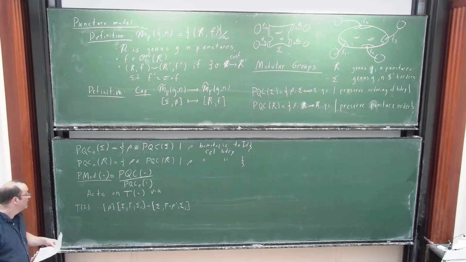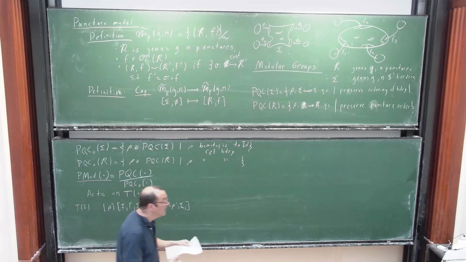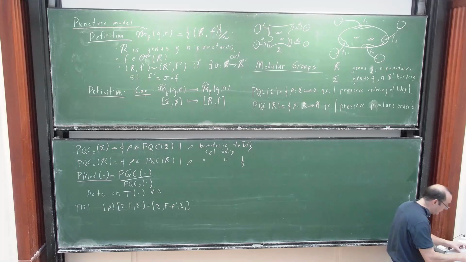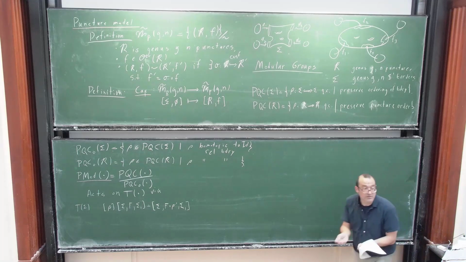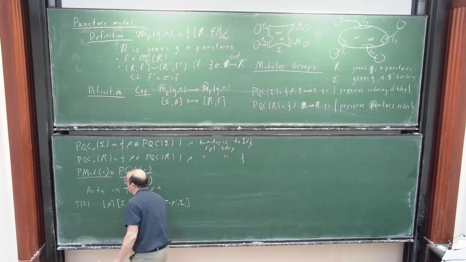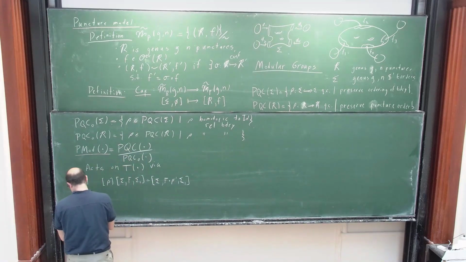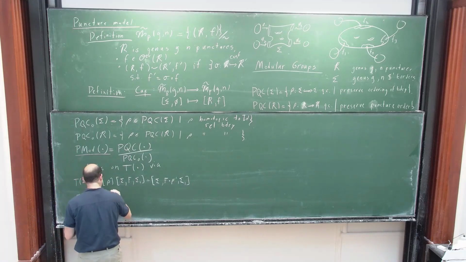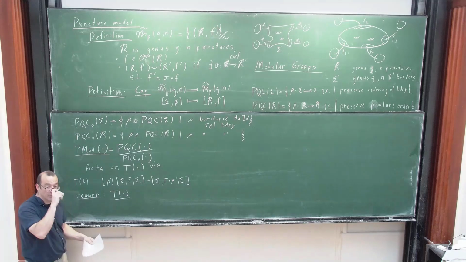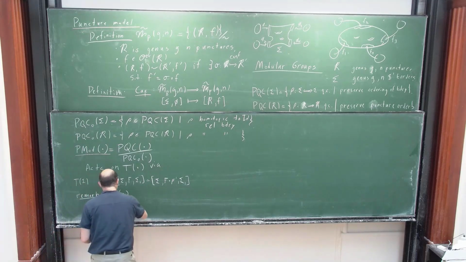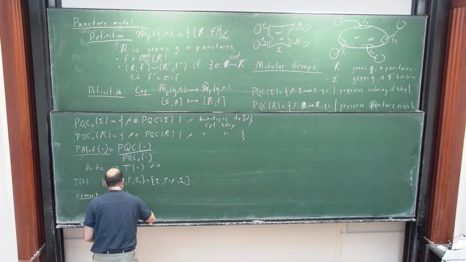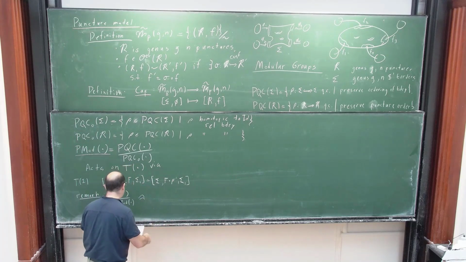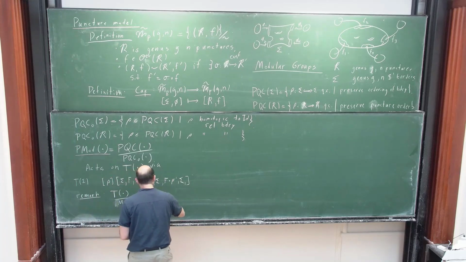Okay. Now, if we were going to go to the classical theory, just maybe make a remark here. If I were to remove the pure, just mod out by the modular group, this is now isomorphic to the Riemann moduli space.